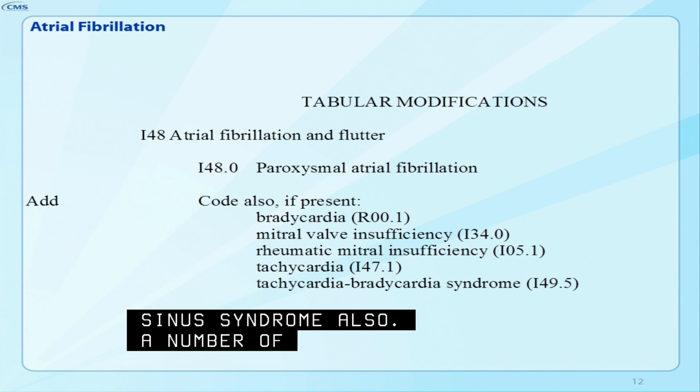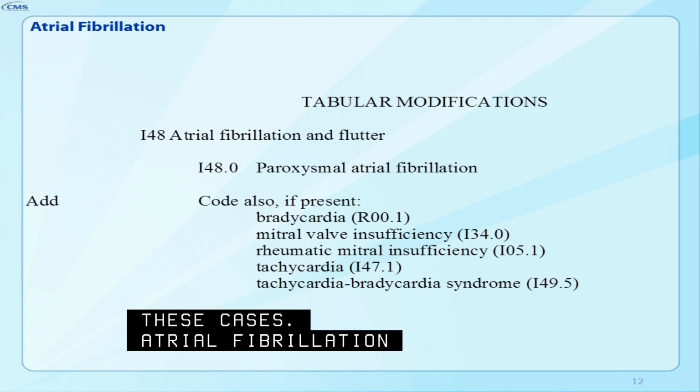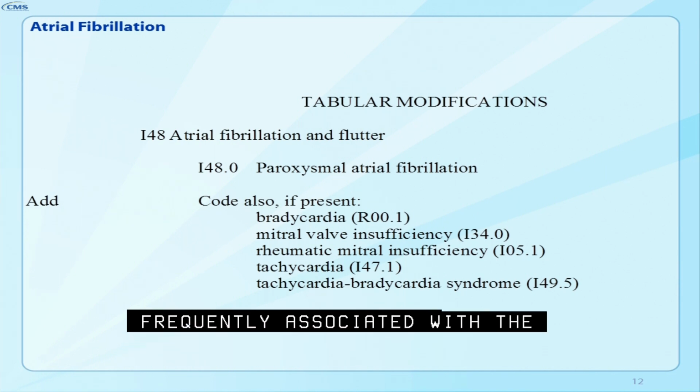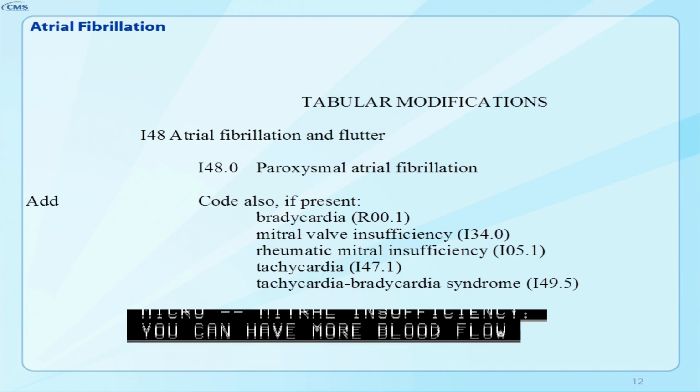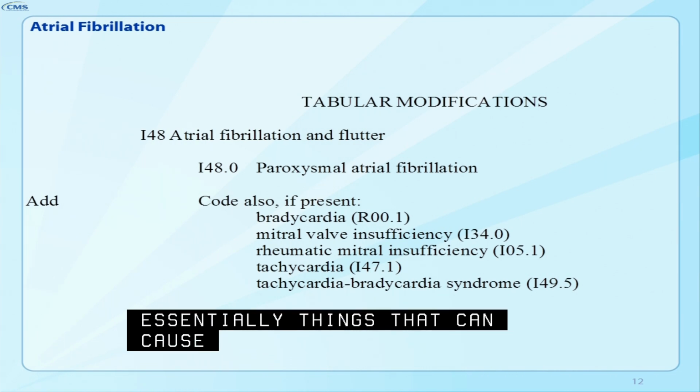Atrial fibrillation is frequently associated with a mitral valvular disease, particularly with mitral insufficiency. And you can have more blood flow there. So essentially things that can cause increased blood flow and a dilation of the atrium can contribute in that case.